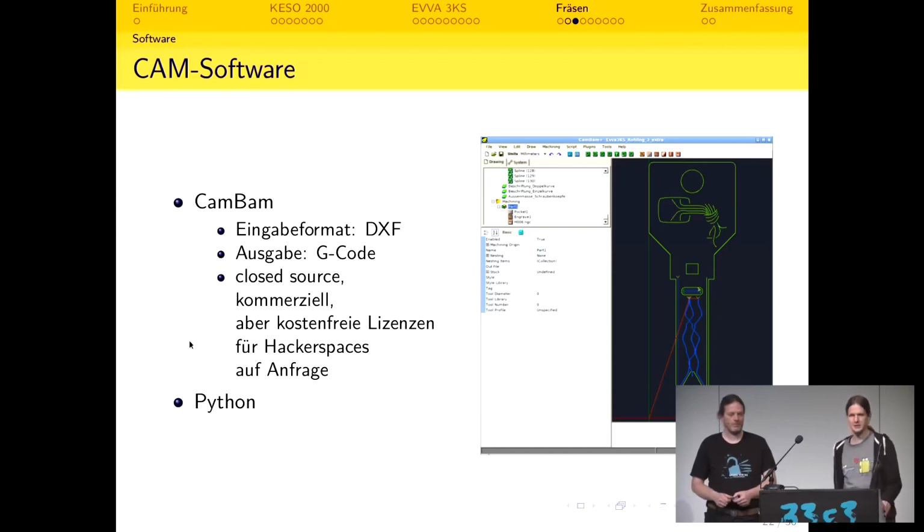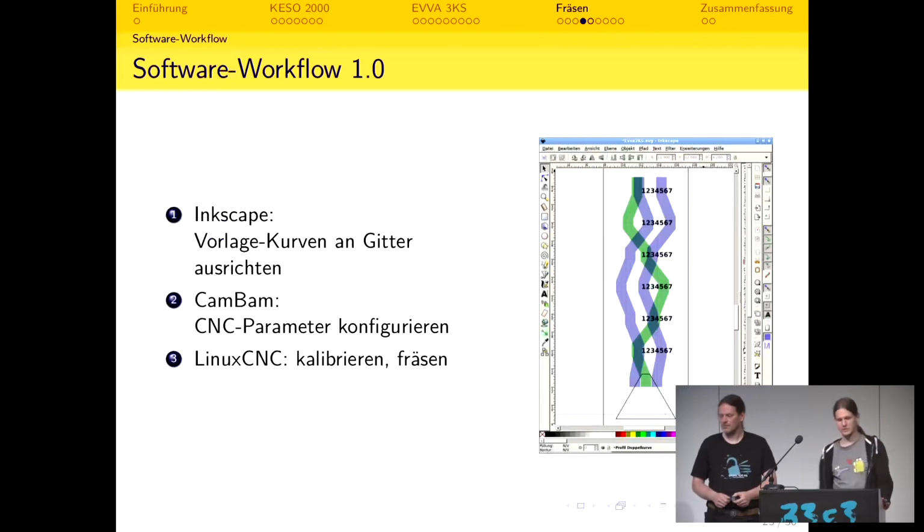And as a second step, we automated the most difficult step. This is CAMBAM. This is the entire key, the chaos knot. We drew all of that in Inkscape and then imported it into CAMBAM. And initially, we also drew the curves in Inkscape and then imported them.